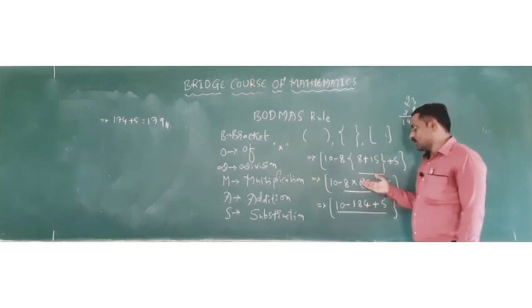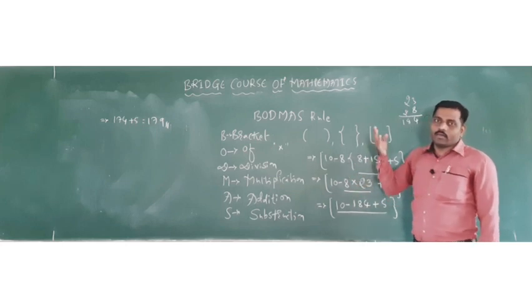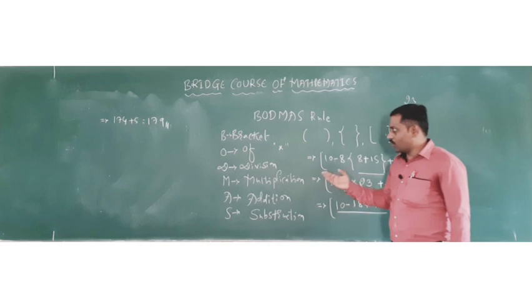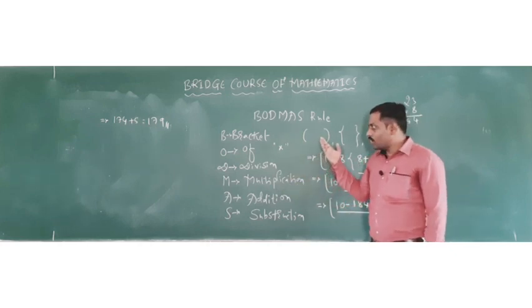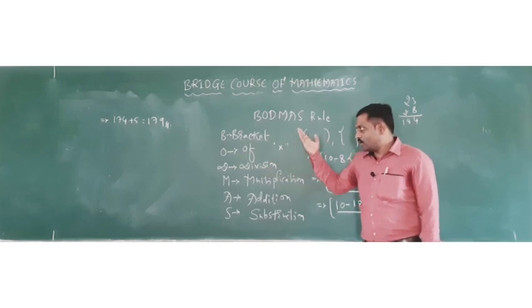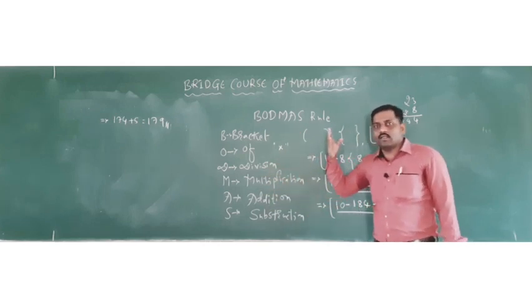Suppose within the bracket four operations are there: first do the division, then multiplication, then addition and then subtraction.